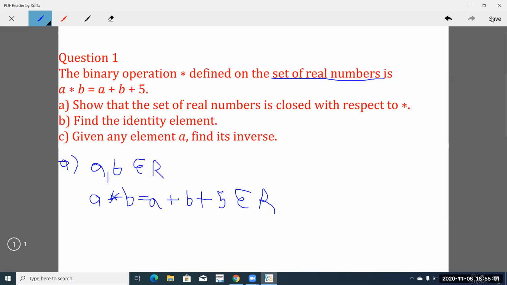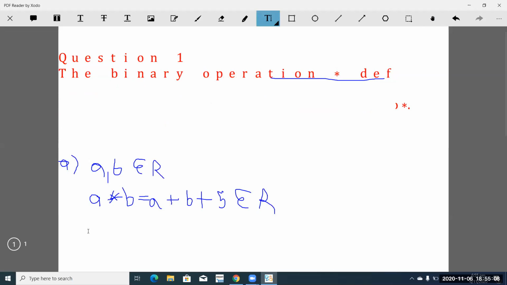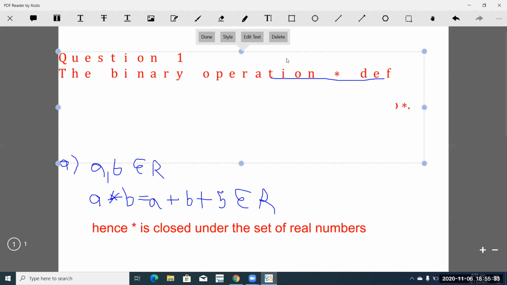And so we're pretty much finished. So now we can conclude, hence, star is closed under the set of real numbers. Once the result is also from the set of real numbers, then we say that star is closed.